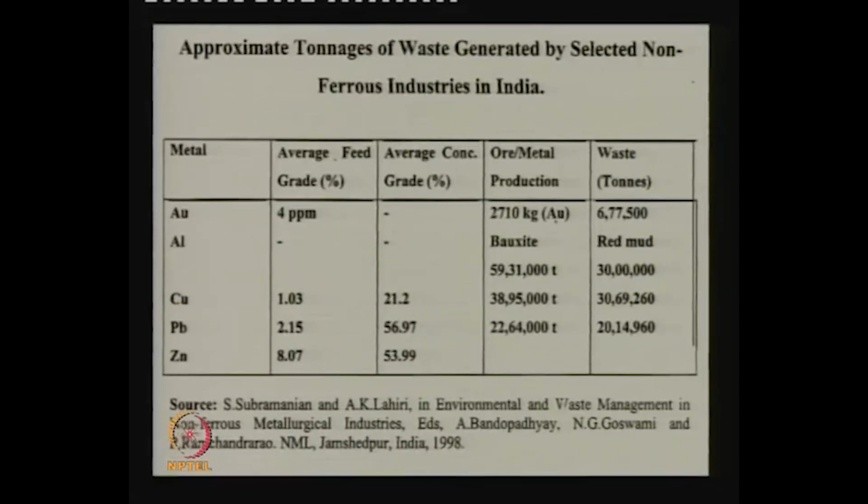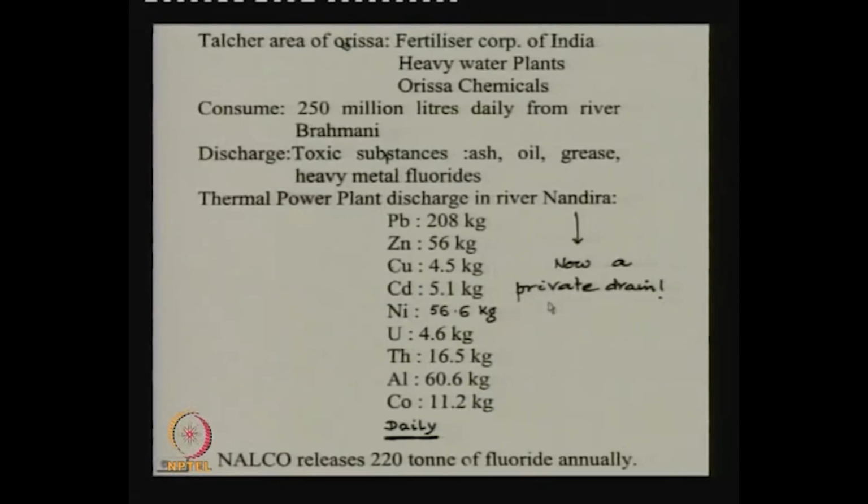We are not getting the land then for other uses, and red mud can also, because it has alkali, have adverse consequences in the surrounding areas. There I have given some figures about approximate waste generated by selected non-ferrous metal industries. I have shown how just the 1 or 2 industries is discharging so many pollutants in the land and rivers all around.